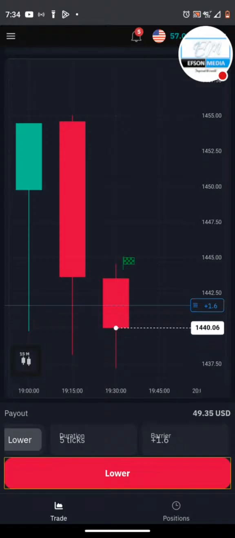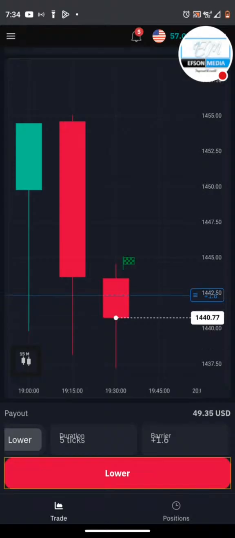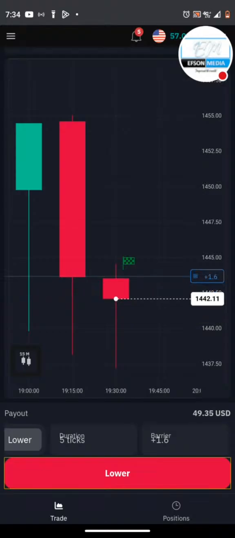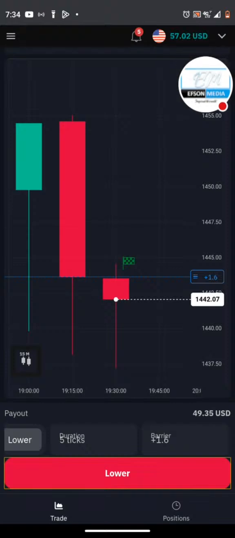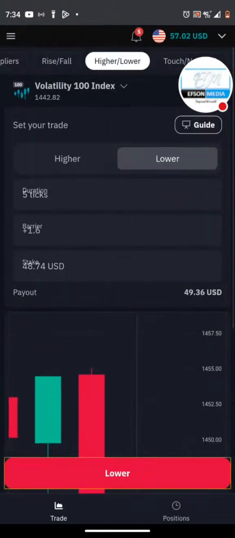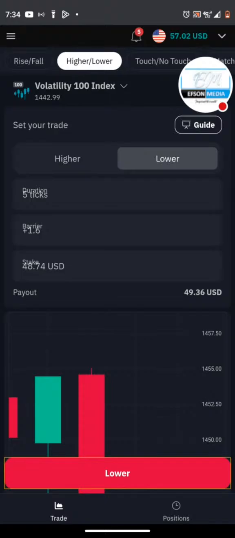So I'm here on the chart, just looking out for opportunities for trades. Last time I was saying, using the higher and lower button.